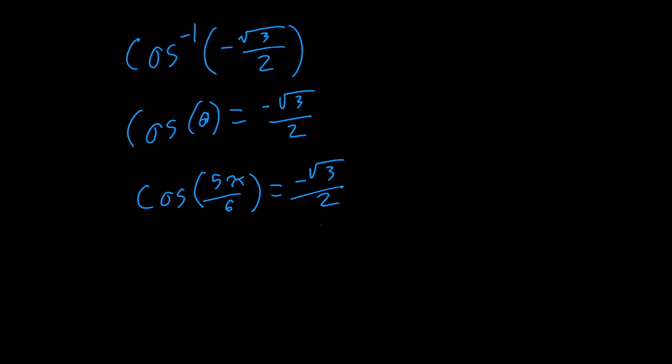So this means that the arc cosine of negative root 3 over 2 must be equal to 5 pi over 6. Because remember, arc cosine is just undoing what the cosine function did.